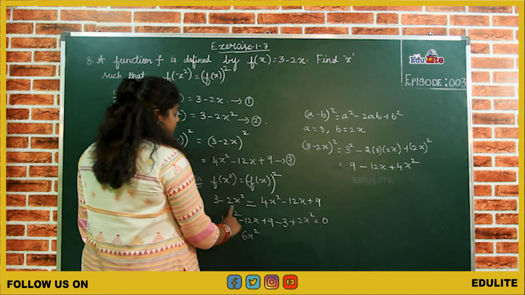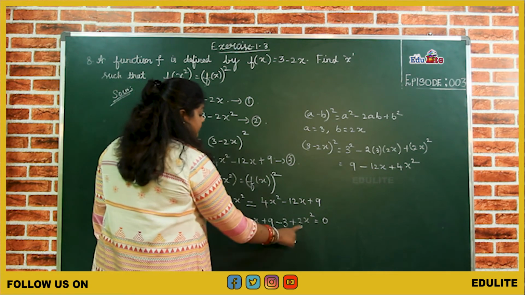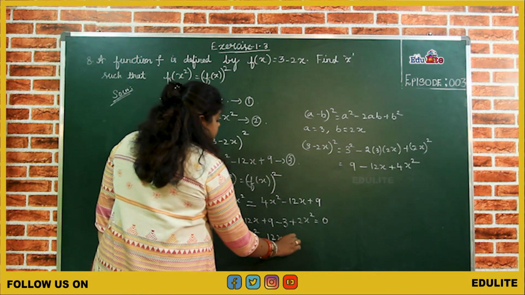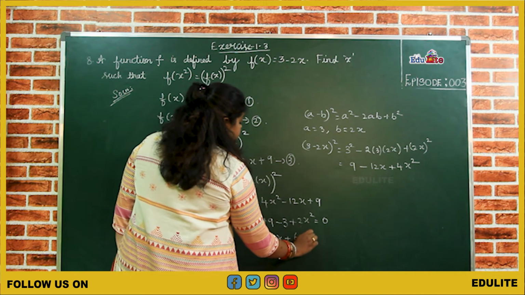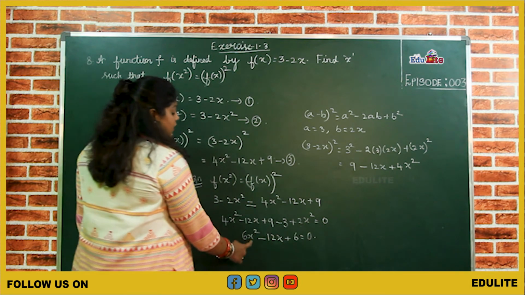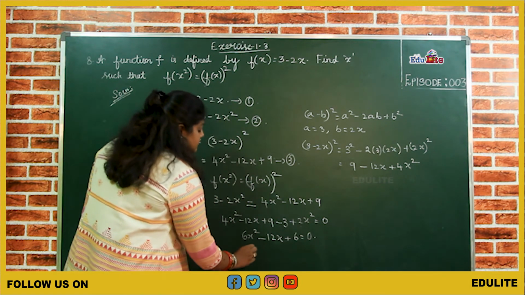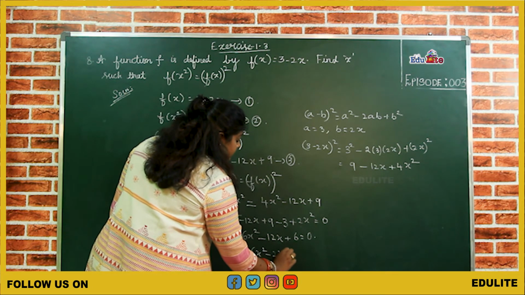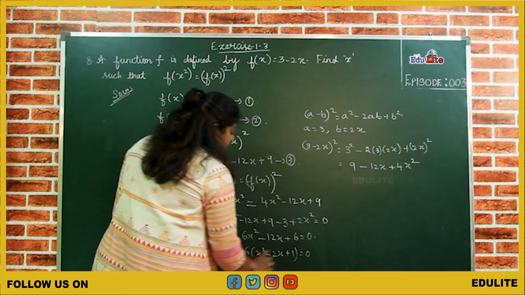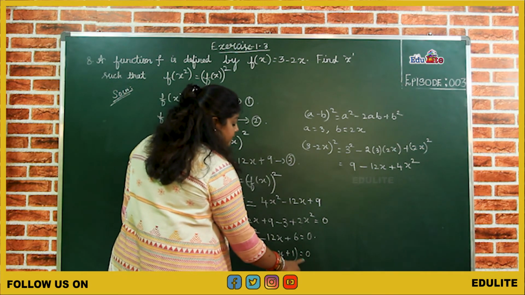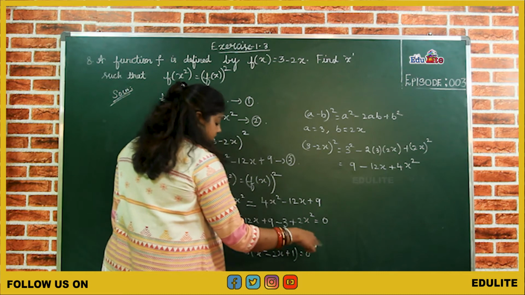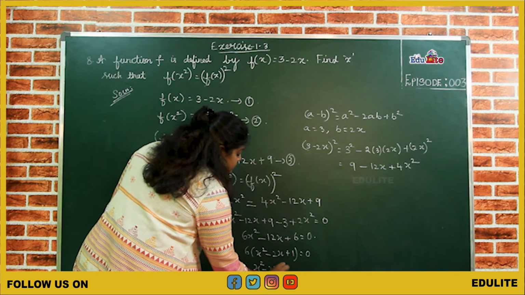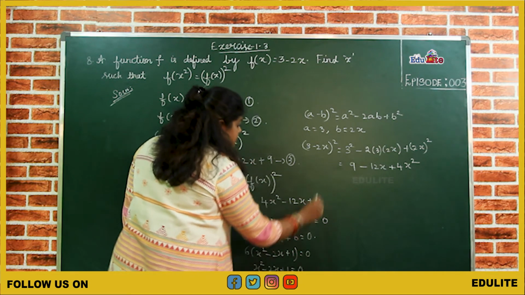So x square terms, 4 plus 2, 6, minus 12x, plus 9 minus 3 is 6, which equals 0. Now we can take 6 common in this term. It will become x square minus 2x plus 1 equals 0. If I take 6 to the other side, it will become 0 by 6 is 0. So the remaining term is x square minus 2x plus 1 equals 0.